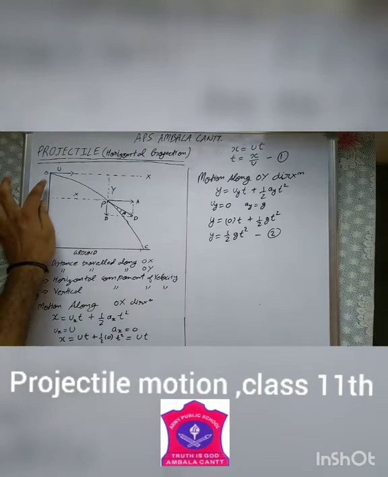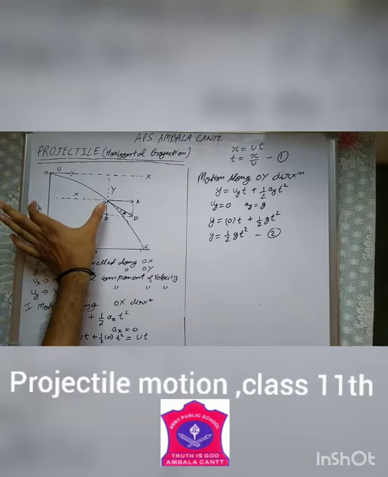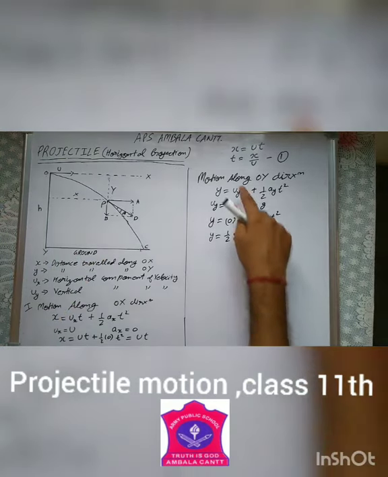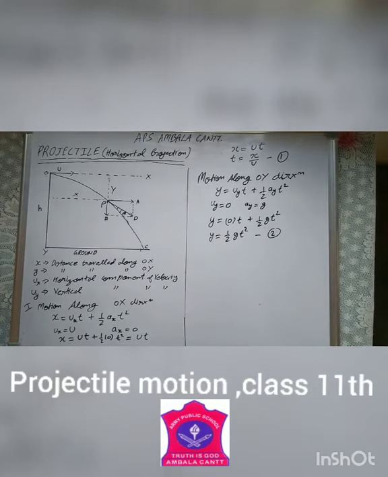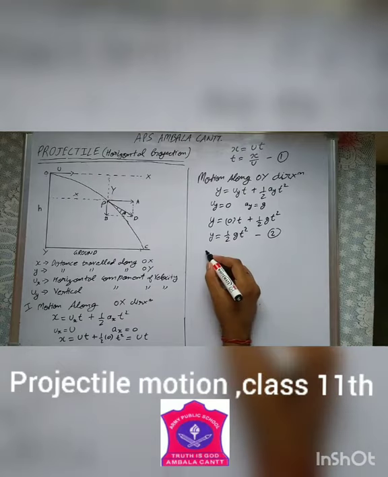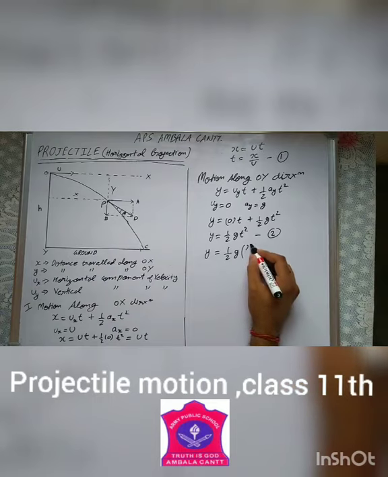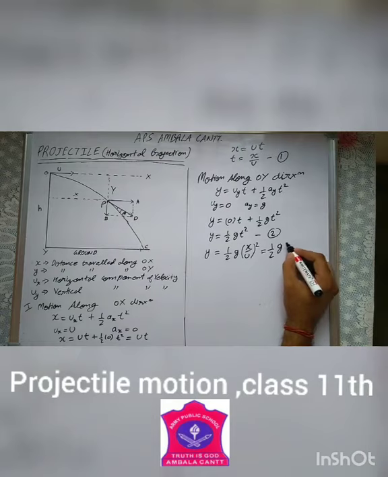Therefore, all these times are equal, and we can substitute the value of t from equation 1 into equation 2. On substitution, we get y equals half g x by u whole square, which is equal to half g x square by u square.